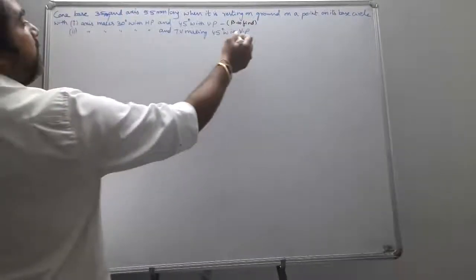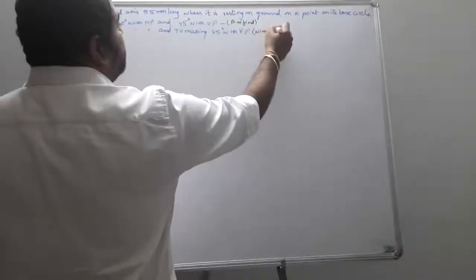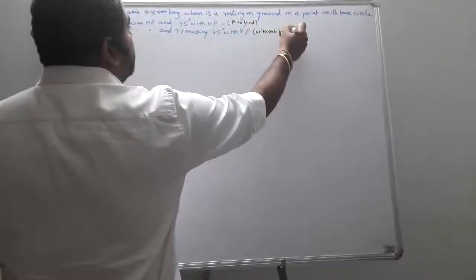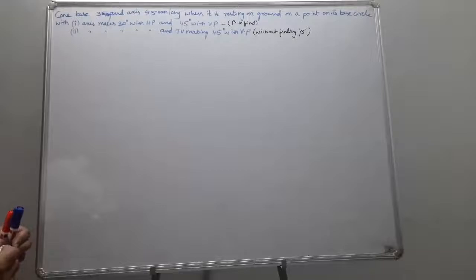Here, this step is without finding beta. So that was the only consideration. Remaining is the same.